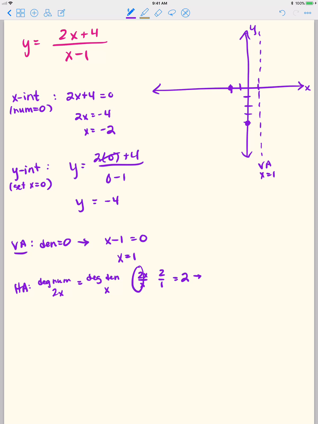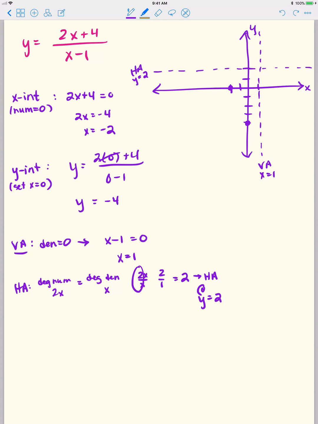So what this graph does is it has a horizontal asymptote at y equals 2. So if we come up to 2, make ourselves a horizontal asymptote, then what's going to happen is at the ends of the graph, I don't know if it's going to be above or below, but at the ends, the long run behavior will approach the y value of 2. We just have to figure out where this function lives based on some other information.